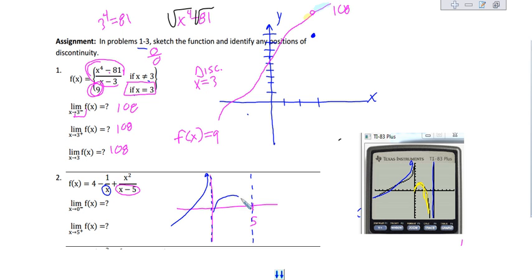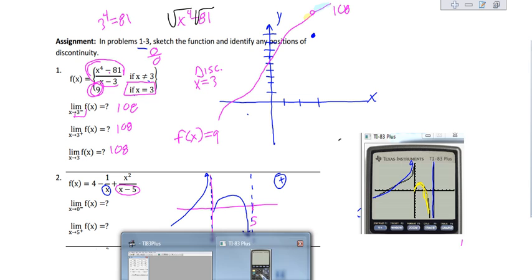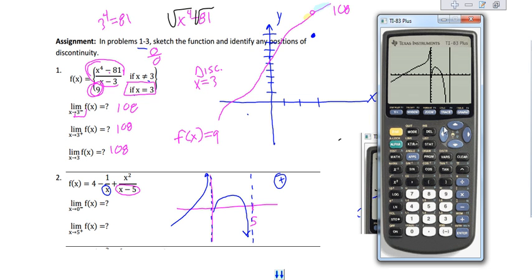Remember, we're just going to use this graph to help us with the limit questions over here on the right. My calculator didn't show me what happens to the right of this asymptote. So let's go back to it and see if we can pull that function back up and maybe do a zoom fit. Maybe that'll help us. Yeah, it kind of helped a little bit.